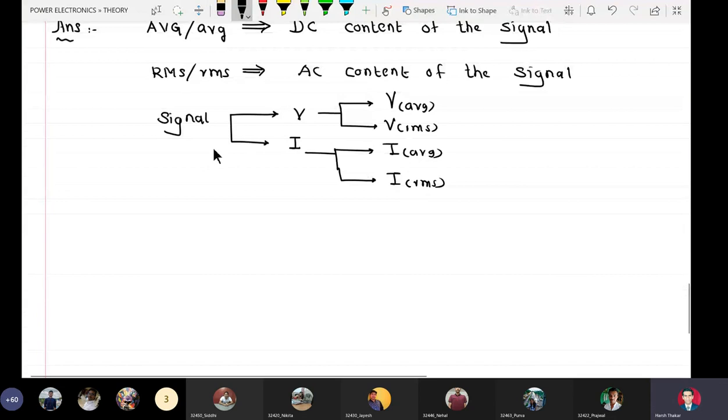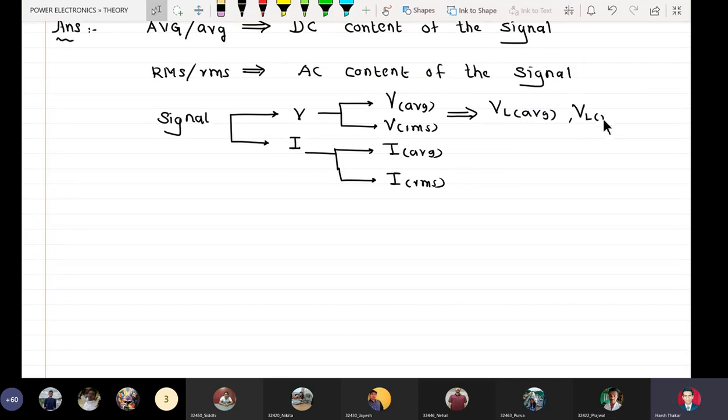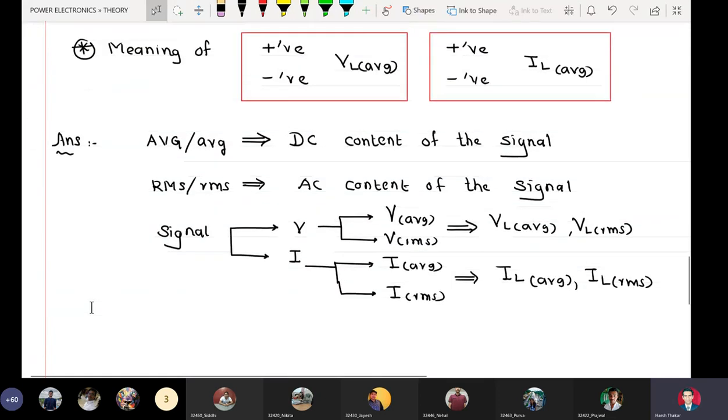And when we are speaking about load voltages, if the signal is a load voltage, then these terms are reframed as VLAVG or VLRMS, or ILAVG or ILRMS. So it's very clear that V is for voltage, L for load, and average means DC content, and RMS means it is the AC content.